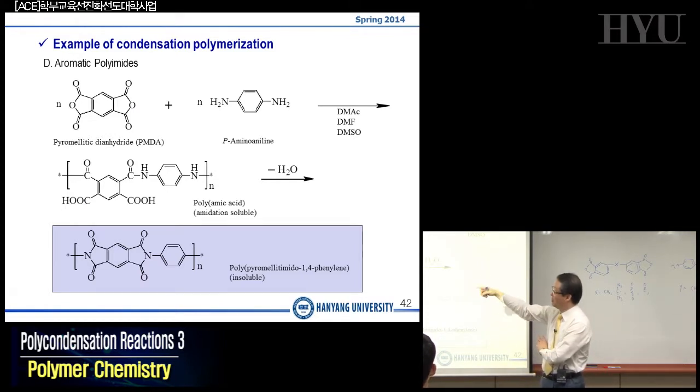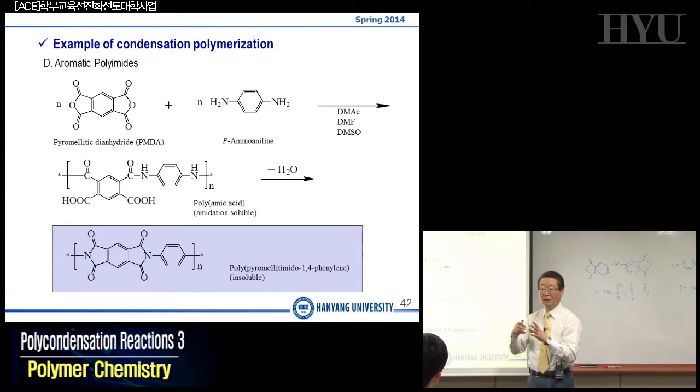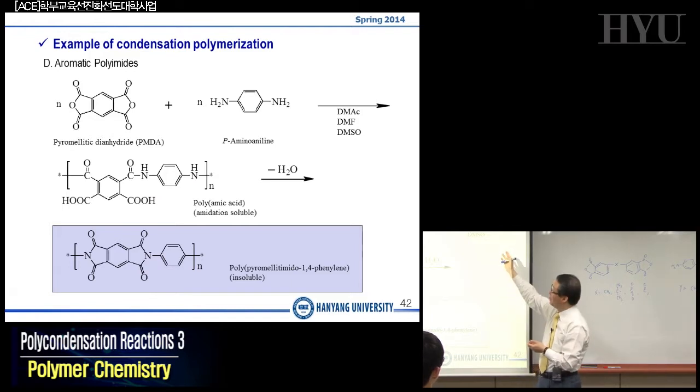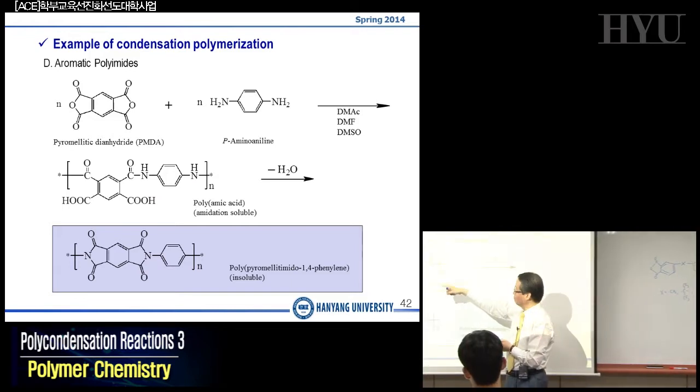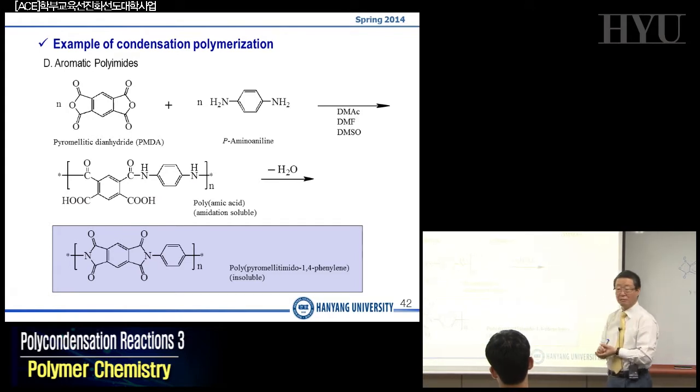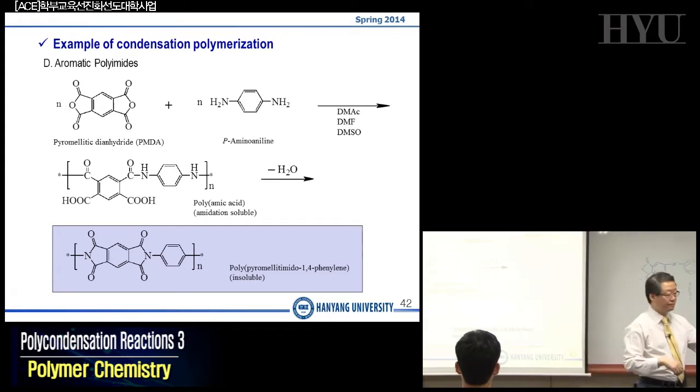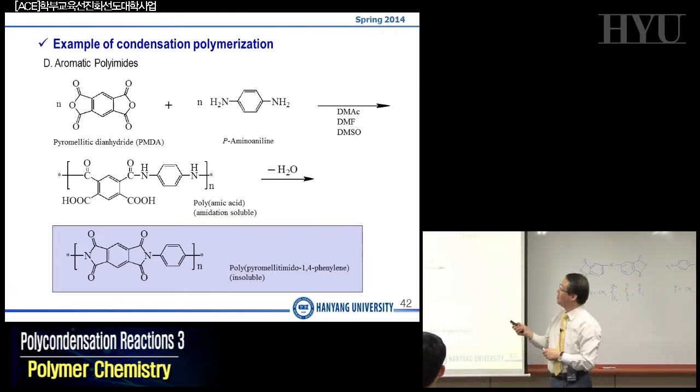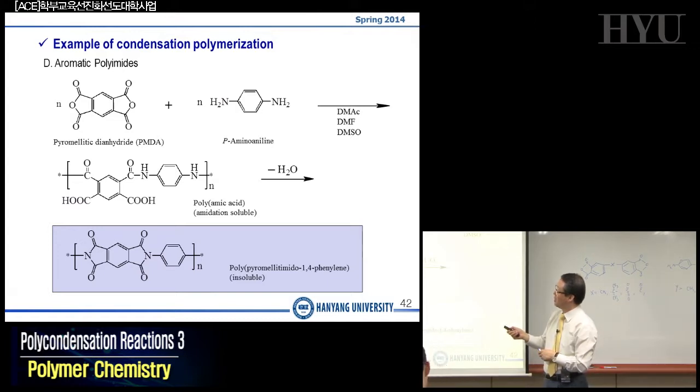By stirring these two monomers in the solvent at mild temperature, about 50 to 70 degrees C, you come up with the amic acid. This amine will attack this carbonyl, and it opens this carbonyl and the oxygen bond, and it becomes an amide, and the carboxylic acid is still left. So we have an acid and an amide, and what we call this is the amic acid.